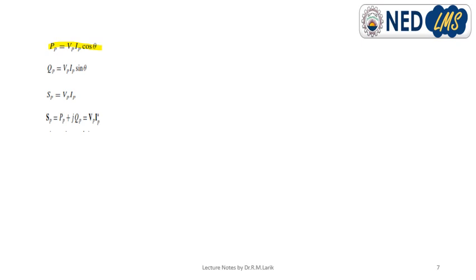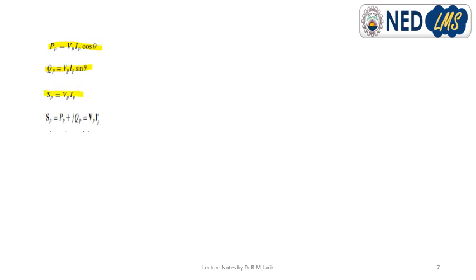Another is reactive power, the phase voltage multiplied by the phase current and the sine of that angle. When you multiply by cosine, you get the active part of the power; when you multiply by sine, you get the reactive power, in kilovolt-amperes reactive, kVAR.